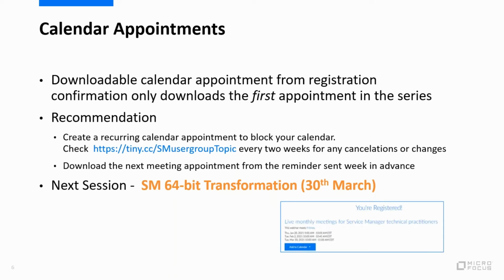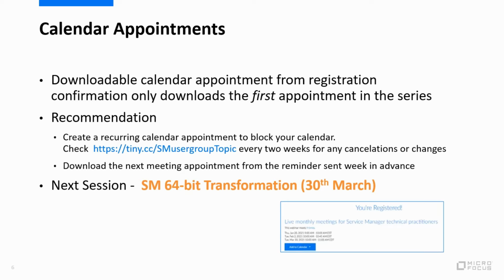Something I want to highlight here is due to the limitation of GoToWebinar, and maybe you are already aware of that, each time you download the calendar appointment from the registration page, it will only allow you to download the first appointment in the series.